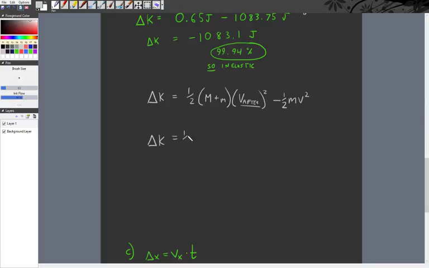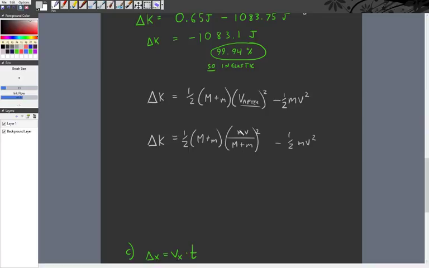Delta K is 1/2 M plus little m, and all of this is going to be squared. It's going to be mv over M plus little m squared, and then minus 1/2 mv squared. Okay, so technically now we're done. I like to simplify this. I simplify it to the point where it's just too hard to make the next step, okay?